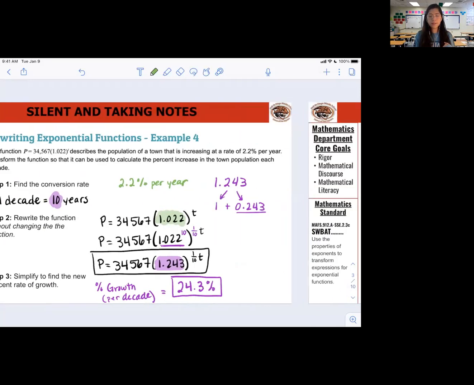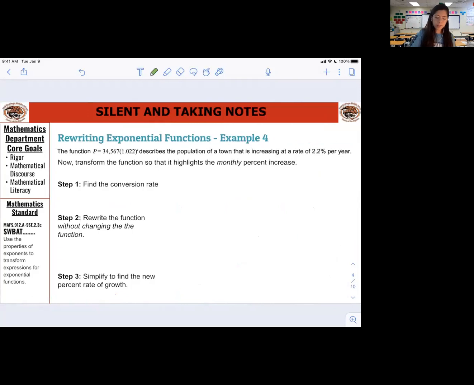Well, now we're going to go with months. So now we have to do the same thing. This time I want to know how much 1 month is. How many years go into 1 month? 1 month is how much of a year? 1/12.